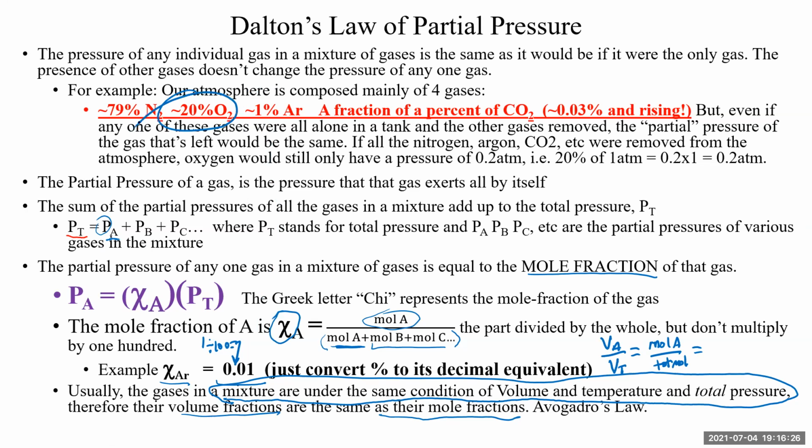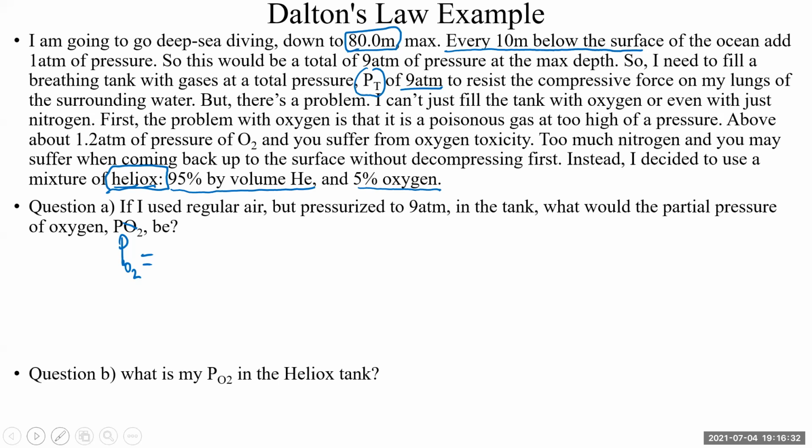Regular air is 20% oxygen by volume, by moles, whatever you want to say. We're going to interpret that as moles. It's 20%, so that's 0.2. Its mole fraction is 0.20. We can use a percent as mole fraction because they're basically saying the same thing.